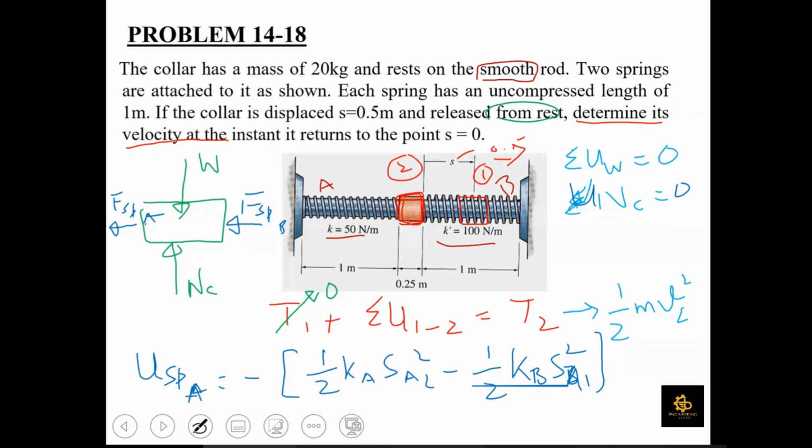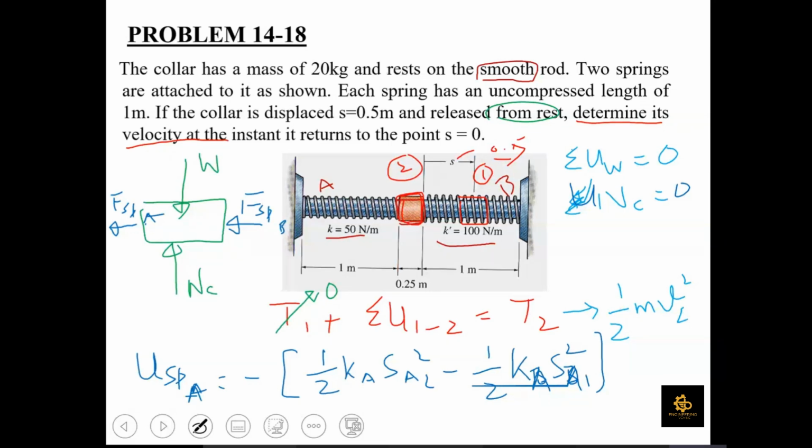It is going to be minus half Ka SA2 square minus half Ka SA1 square, isn't it? यही होगा spring force की वजह से work. Okay, can you identify SA1 and SA2? At 1.5 और एक 1 है.